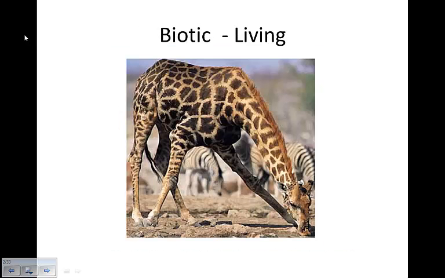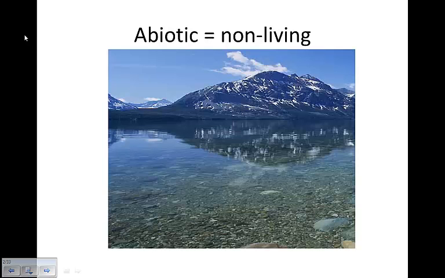Biotic factors possess life, or they did possess life. So if I say a dead leaf on the ground, it's still biotic because it was once living. Biotic factors are bacteria, protists, fungi, plants, animals. Those are all examples of biotic factors.